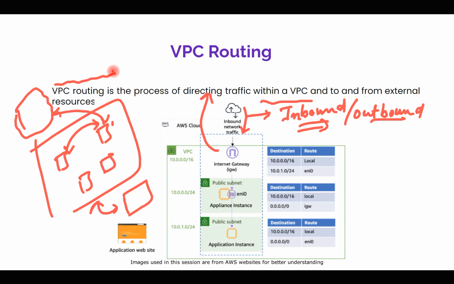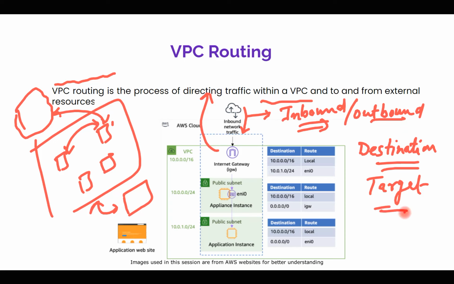But how does it work? It normally works on the basis of your destination, also known as the target, and the type of route you are using. Here you can see this internet gateway. It is helping the instances available in this public subnet, because from the public subnet we can have connectivity to the internet.